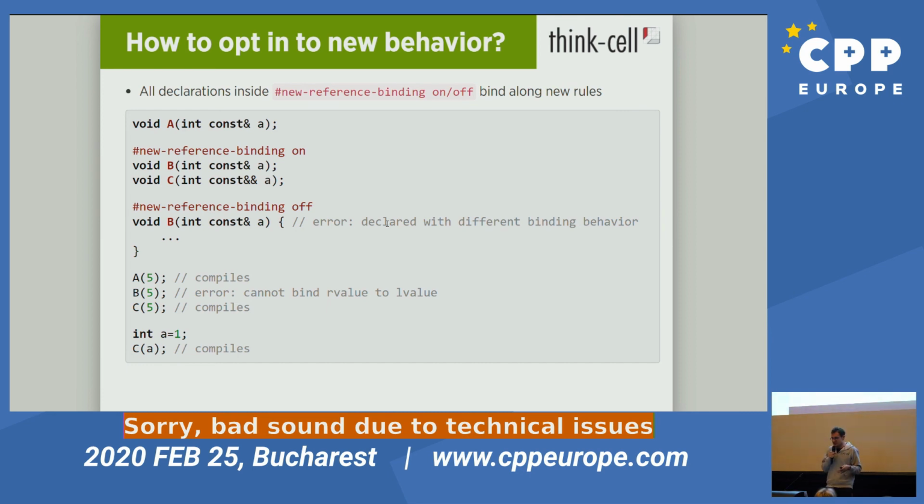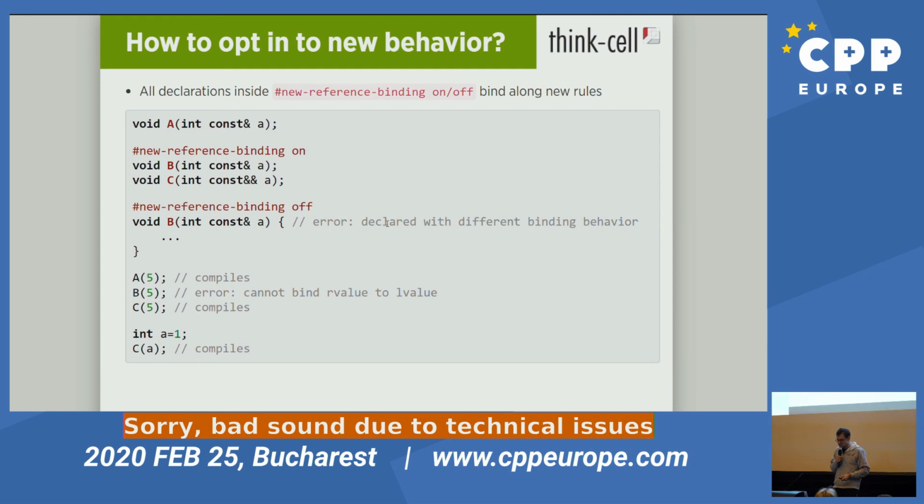So the B is old behavior with constref where it's defined, but originally it was declared somewhere with the new binding behavior. I imagine this would be kind of by file. You would say, okay, this whole file, all the new code I write is going to be new binding behavior, but my headers up there are going to be old binding behavior.